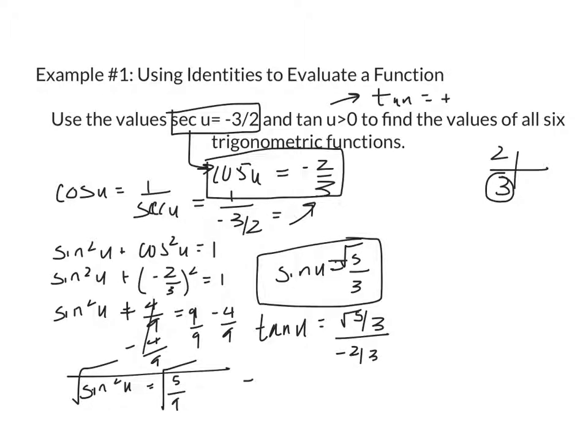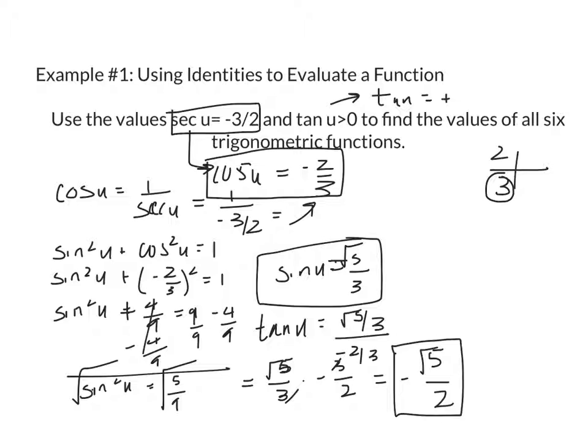When you divide fractions, it's top multiplied by the reciprocal of the bottom. So this would be the square root of 5 over 3 times negative 3/2. The 3's cancel, and we're left with negative square root of 5 over 2 as our tangent.